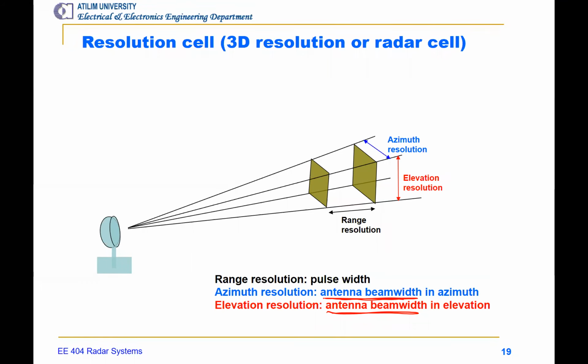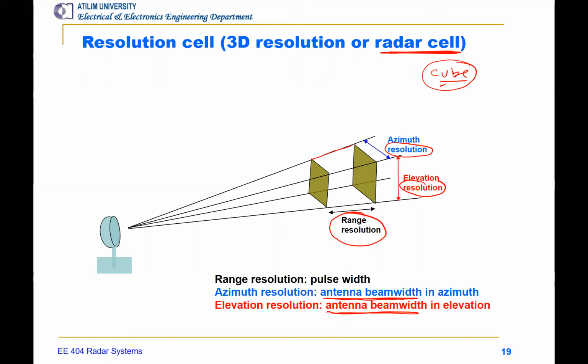When we take the resolution in azimuth and elevation and range, we define the radar cube, okay? Radar cell or radar cube sometimes. This is also defined for signal processing, but mostly we say radar cell anyway.